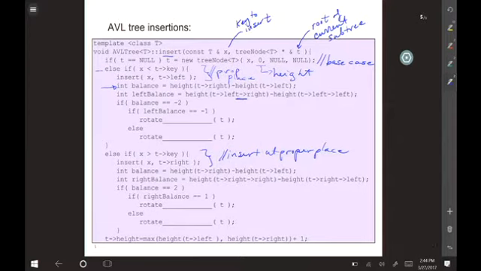Tell me the next letter that I'm going to write. -2 means it's longer on the left. So what kind of rotation will fix that? Right, so my next letter is an R. Otherwise, I'm going to do a left-right.